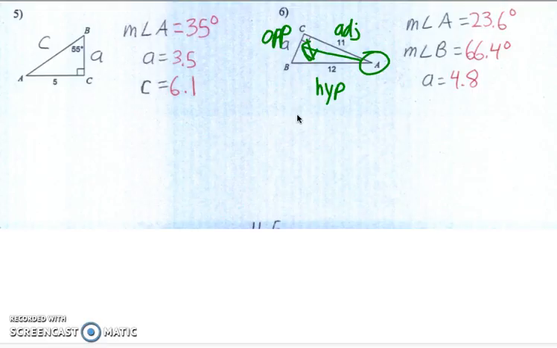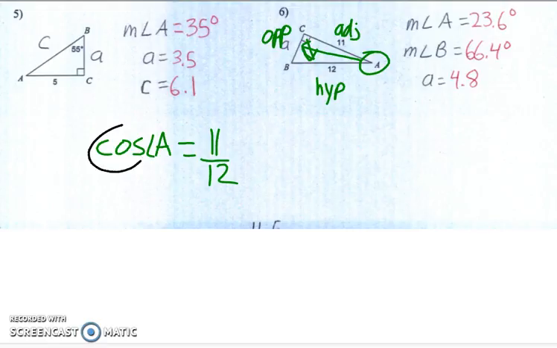So we need to find out if we're going to use sine, cosine, or tangent, given that we have the adjacent side and the hypotenuse, and that's going to be cosine. So we're going to write cosine of angle A is equal to adjacent 11 over our 12.